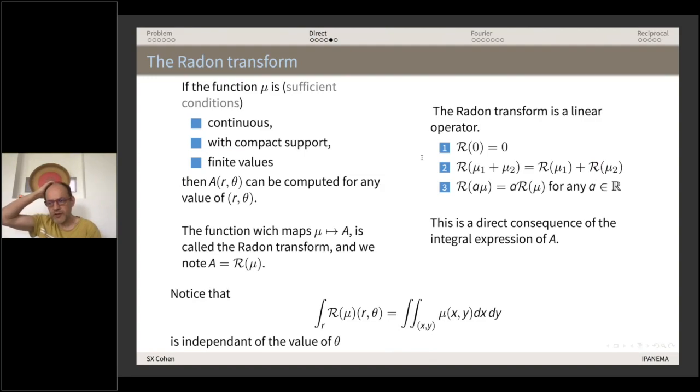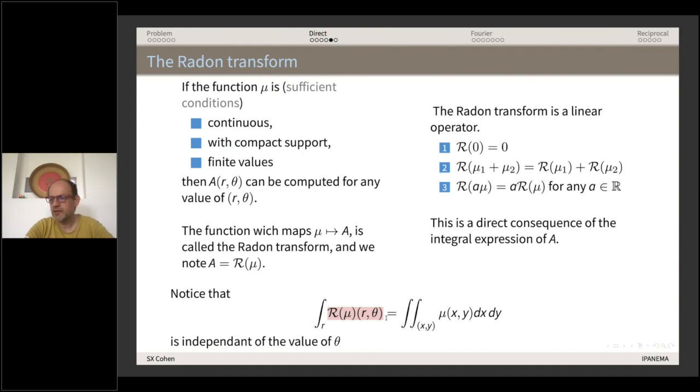There is also another thing which is important to understand. If we integrate the Radon transform on theta, so we do a partial integration, sorry, on R for each theta, this looks like a function of theta. The Radon transform of mu is a function of theta and R, so this partial integral looks like a function of theta.